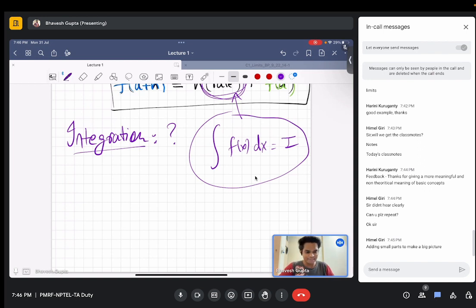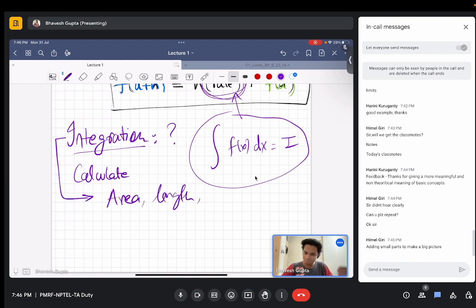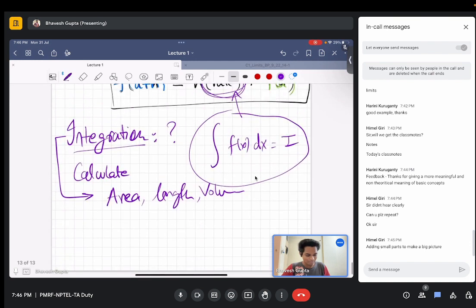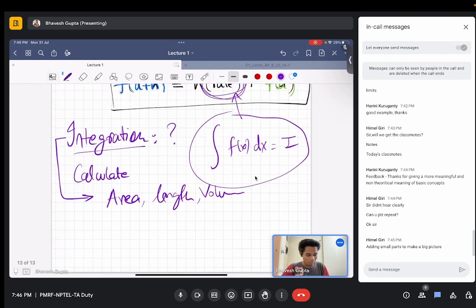One of the quick examples that everybody knows is that it helps you to calculate area, length, volume, higher dimensional volumes, all sorts of crazy things. So I just want to make things clear before closing this session: when to use integration, when to use differentiation.